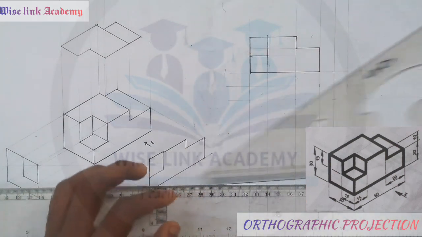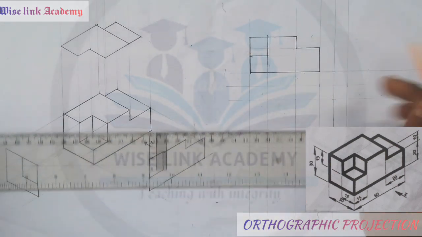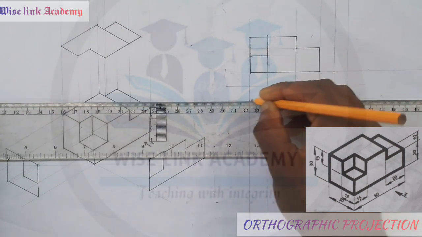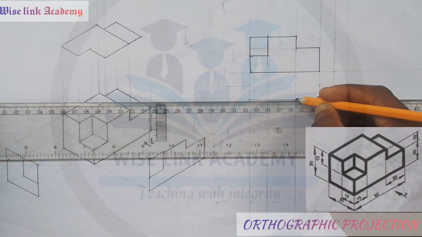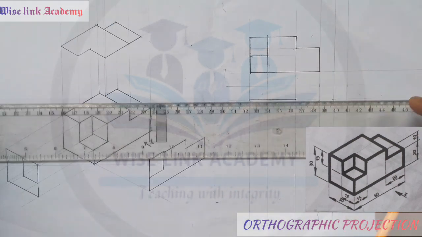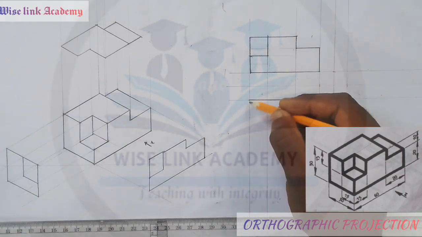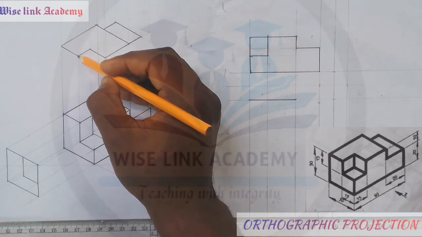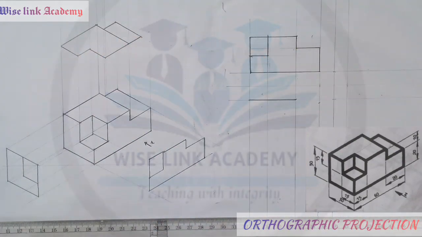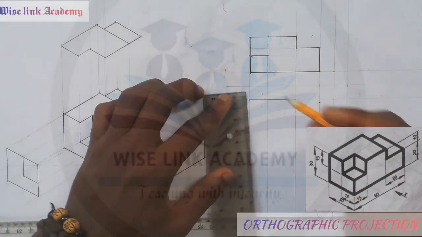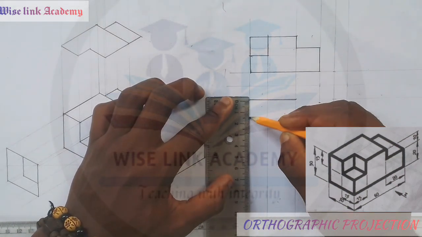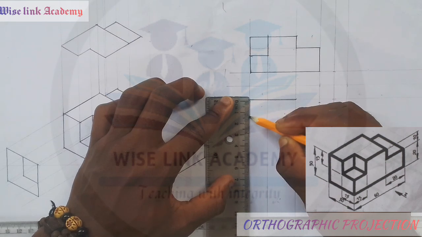I'll tick in from here down to here. As you can see, there's a distance from here to here, which is given to be 15. So measure 15 to this point. I have this.